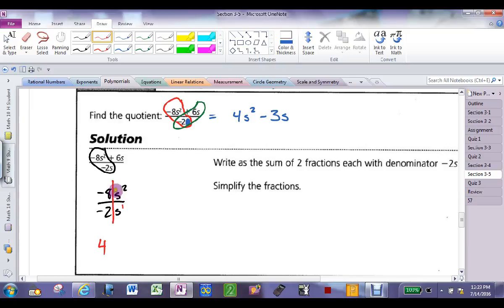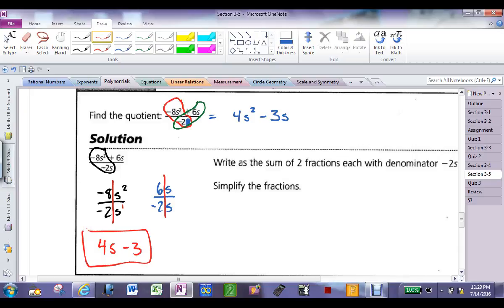We're dividing, guys. 2 minus 1 is 1, so it's 4s. Then we had 6s over negative 2s. Numbers go with numbers. So what's that? Negative 3. S. No! Nothing. S to the 0, which is 1, so we don't write it. So it's done.